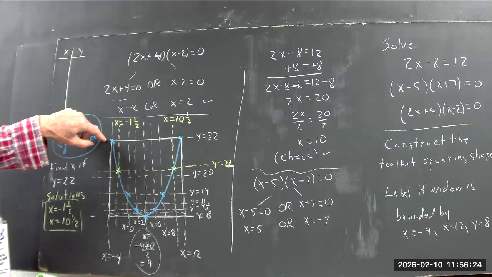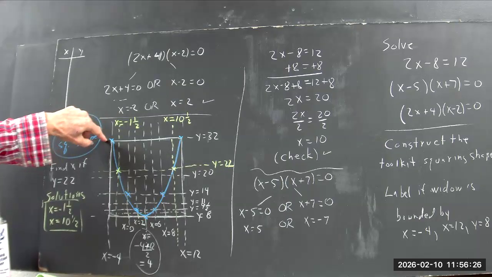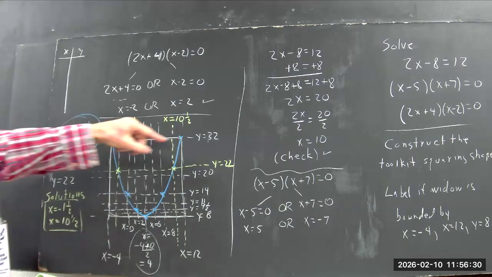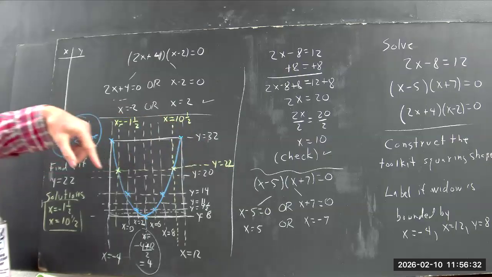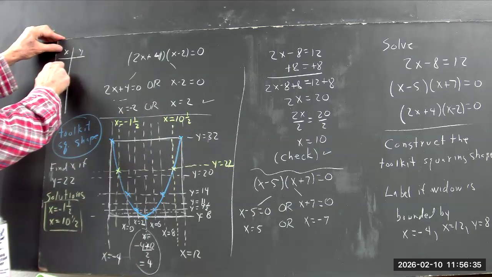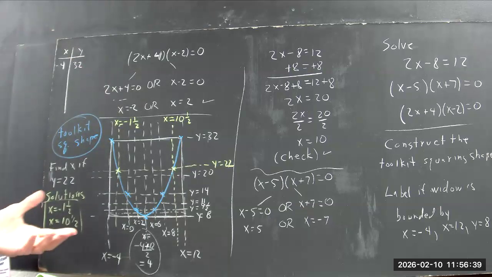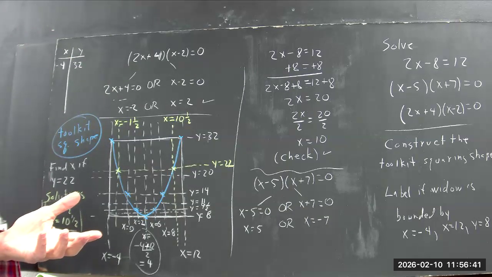What's the x value at this point? It's negative 4, right? And what's the y value at this point? It's 32. So we make a table. We say when x is -4, y is 32. It's easy, isn't it?